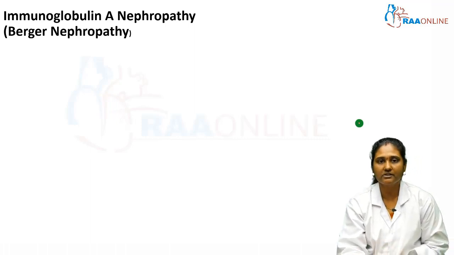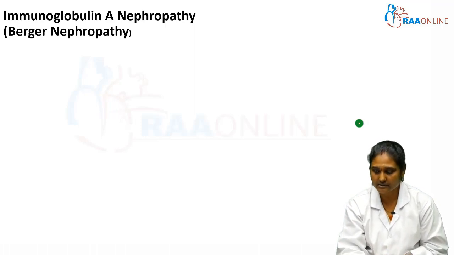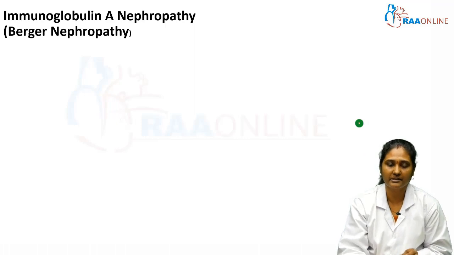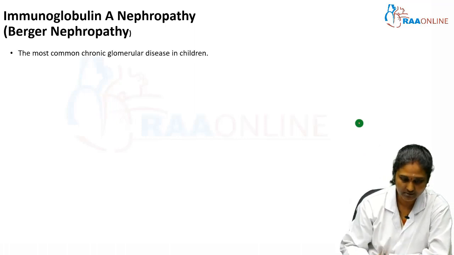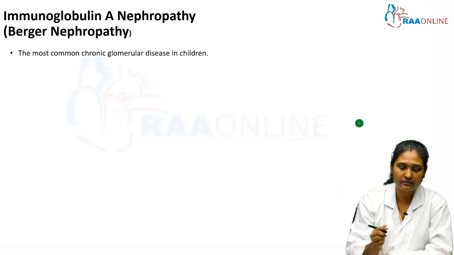As the name suggests, there is a predominance of immunoglobulin A deposits in the mesangial matrix in the absence of systemic disease. That is very important. It is the most common chronic glomerular disease in children.